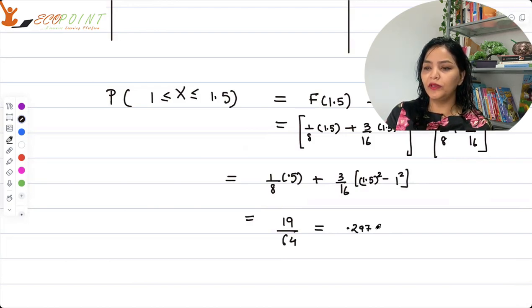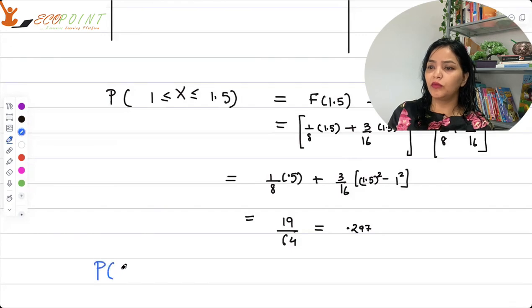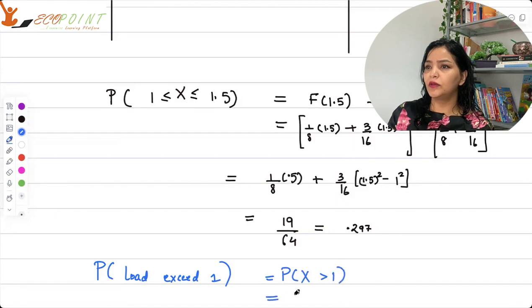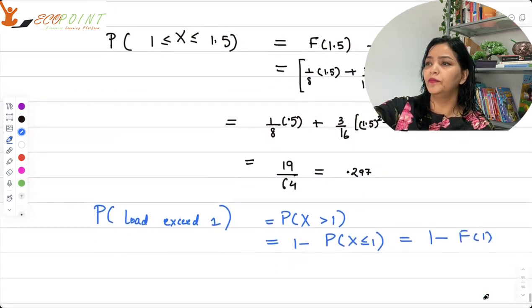So that's the use of capital F. If you know capital F, you can easily figure out these probabilities. For example, in this question itself, suppose we want to find the probability that the load exceeds 1. Then that will be the probability x is greater than 1. So it's going to be 1 minus the probability x is less than or equal to 1, or in other words, 1 minus capital F at 1.